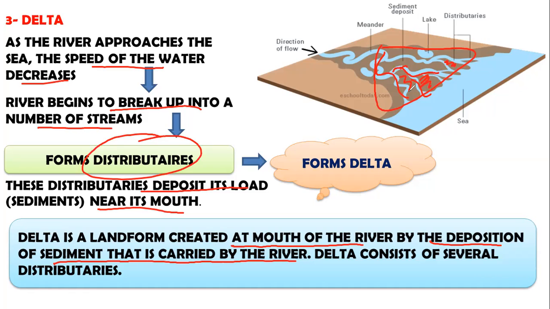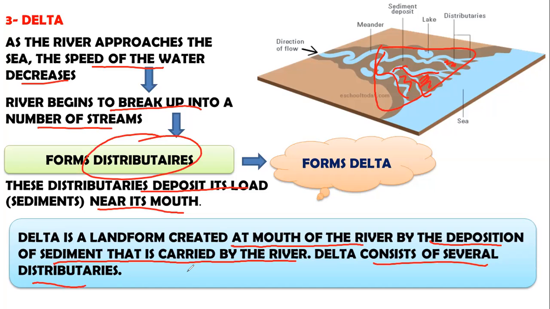So what it does is it deposits all the sediments at the mouth of the river, which leads to its further distributing channels, which are called distributaries, and this entire landform is known as delta. So delta consists of several distributaries.